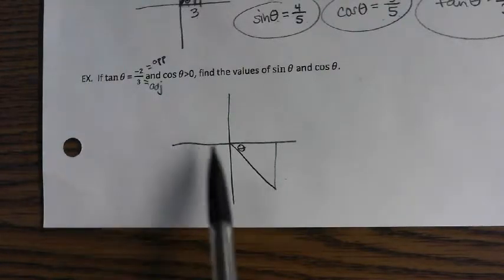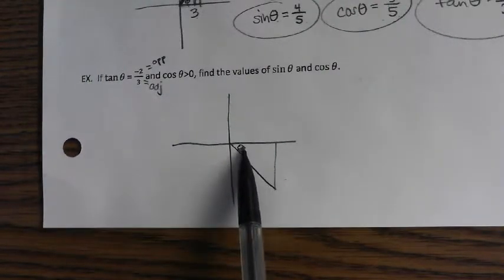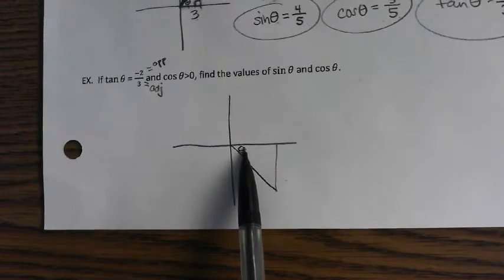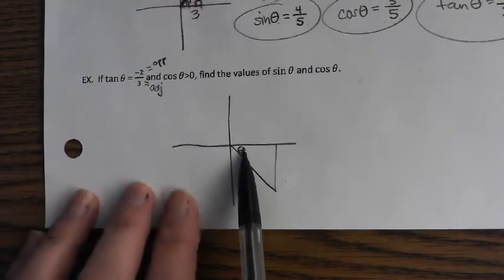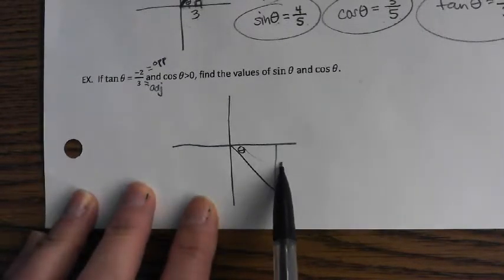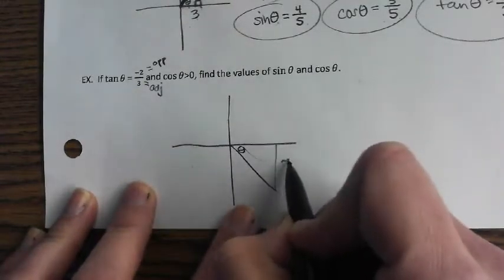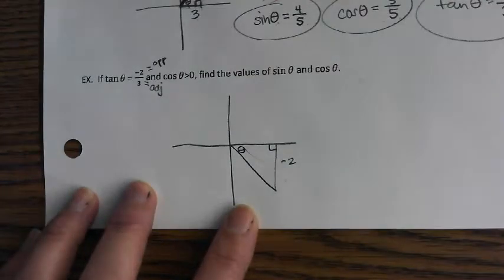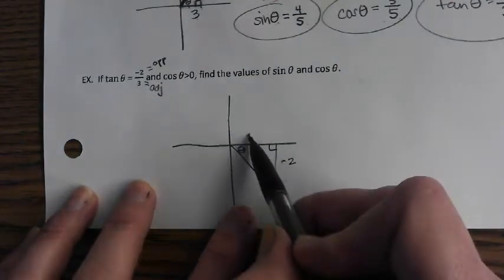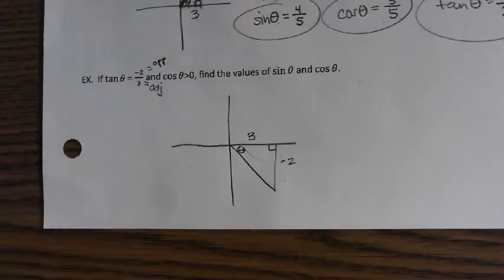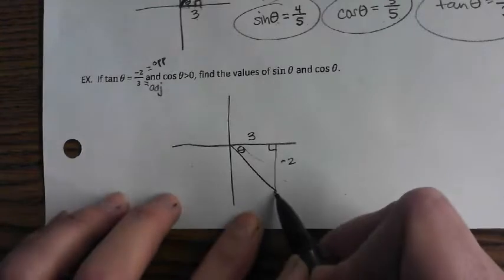And they're telling me that the tangent, opposite over adjacent, is -2/3. So my opposite side is -2. This is where you're going to start being able to label legs with negative numbers. And your adjacent side here is 3. Doesn't that make sense from a coordinate standpoint?